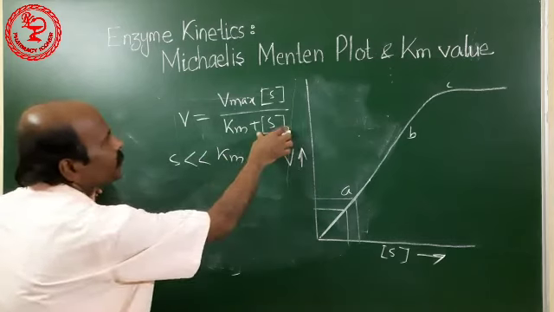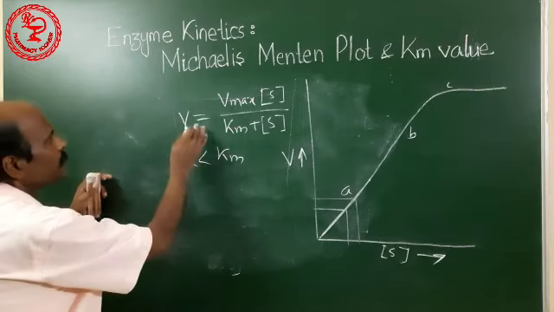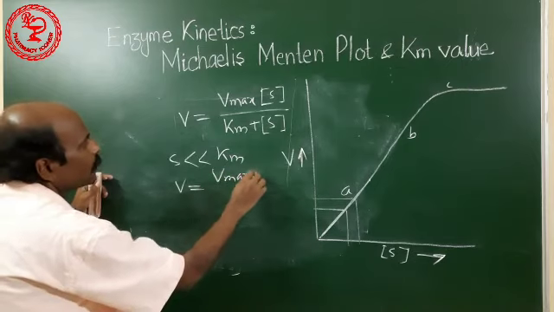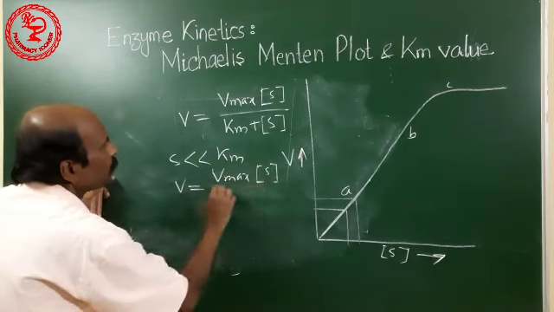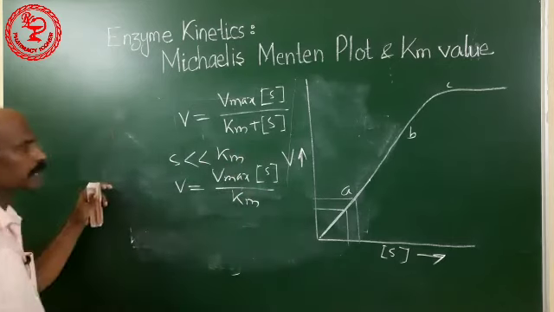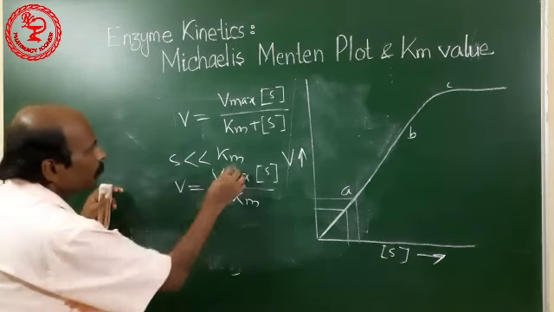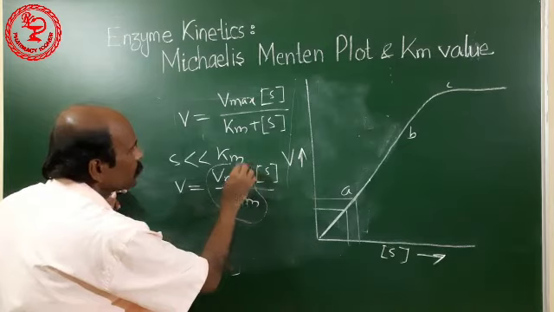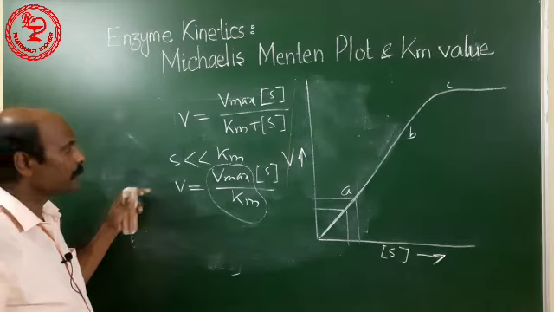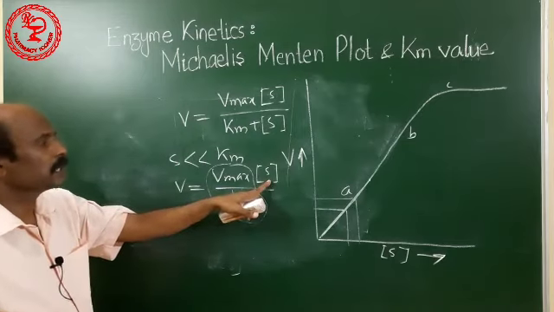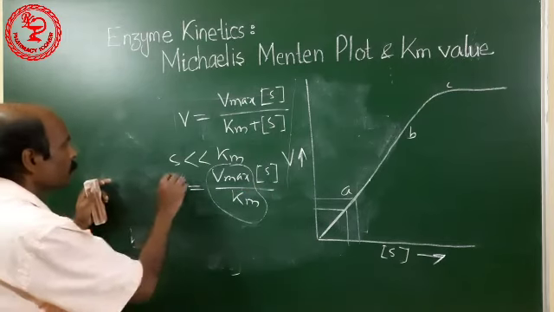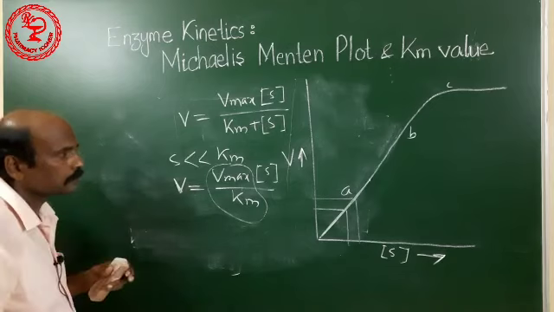So here we can neglect the substrate concentration in the denominator. The equation will be V is equal to Vmax into substrate concentration divided by Km. Vmax and Km are constants. So V varies directly with the substrate concentration. If there is an increase of substrate concentration, V will also increase in this portion.